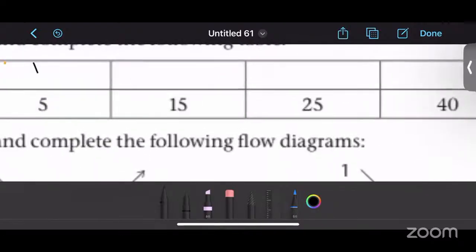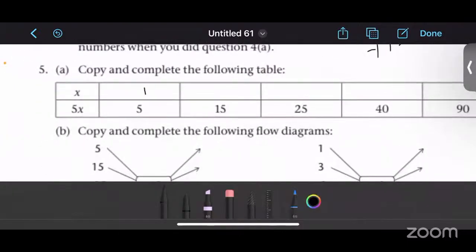Perfect. 5 divided by 5 is equal to 1. 15 divided by 5 equals 3. Perfect. Yes, that's what I wanted to highlight. 15 divided by 5 is equal to 3.